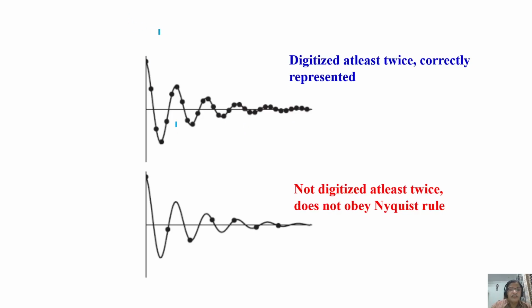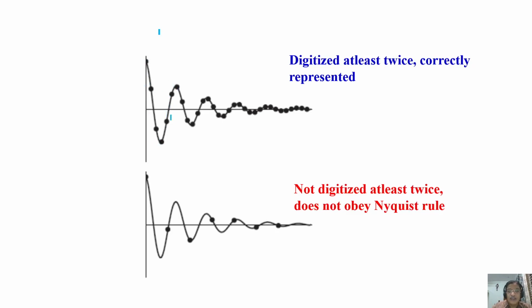For example, look at the spectrum. This is a free induction decay. It is digitized. Of course, I am showing you only a single frequency oscillation here. The damped oscillation is only for a single frequency. If there are more frequencies, you would have got an interferogram. For representation purposes, I have taken only one frequency. Now, is it represented correctly here? Look at it. Number of data points 1, 2, 3, 4, 5, 6.